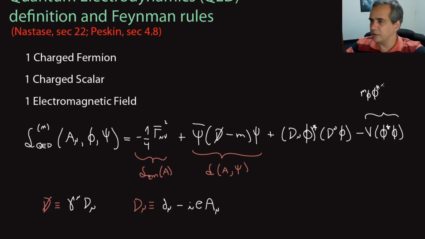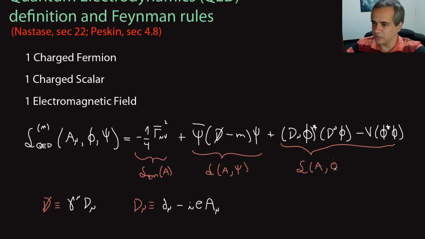Phi star phi, and I could have a lambda/4, phi star phi squared, whatever. I won't go too much into details here, because that's a dynamic of the scalar sector that doesn't really matter for the electromagnetic theory that I want to describe. Right, so this is the Lagrangian that depends on the field and on the scalar, the complex scalar, right?